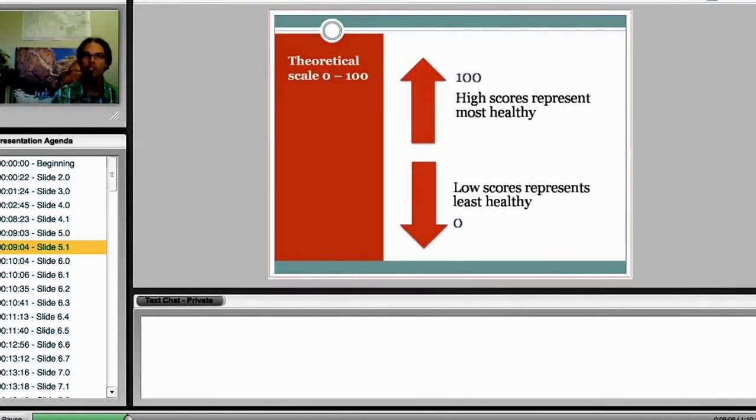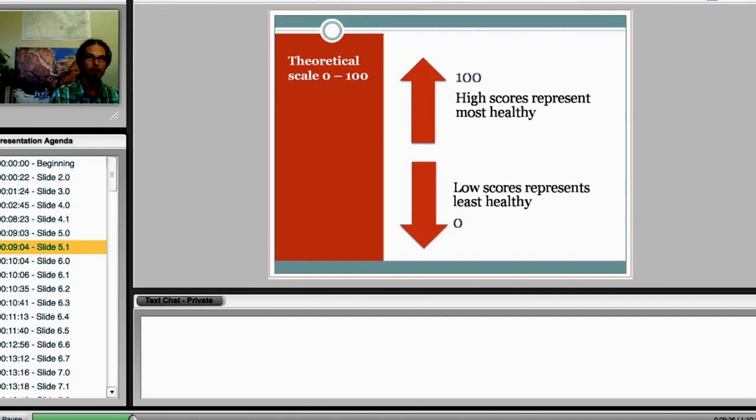So to think about this, think of a theoretical scale of 0 to 100, where the higher scores represent a greater level of differentiation. And the goal then is to have the highest level of differentiation that we can. Now, nobody's at 100. If they are, they're probably fooling themselves. And probably very few people are at 0.